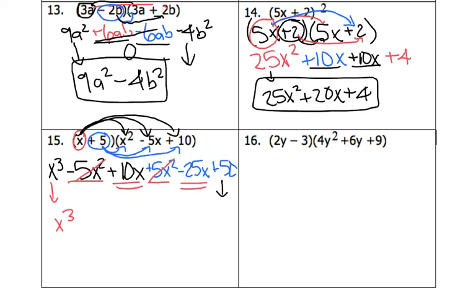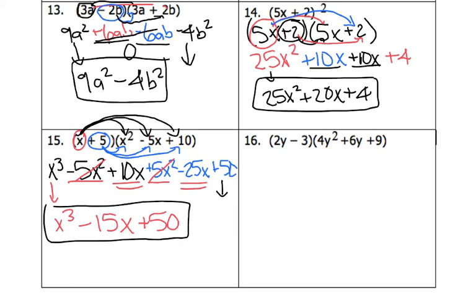So we don't have that anymore. Then 10x plus a negative 25x would result in negative 15x. And then, as I said, we would bring down that positive 50. So x cubed minus 15x plus 50 would be our answer for that.